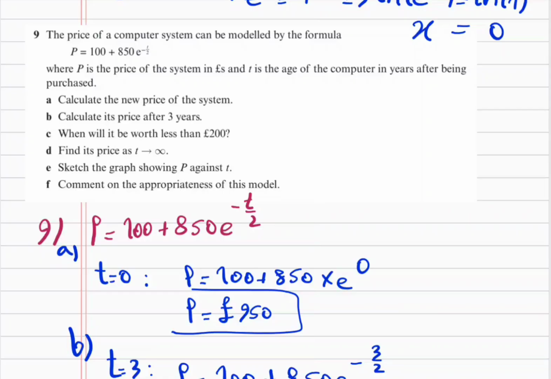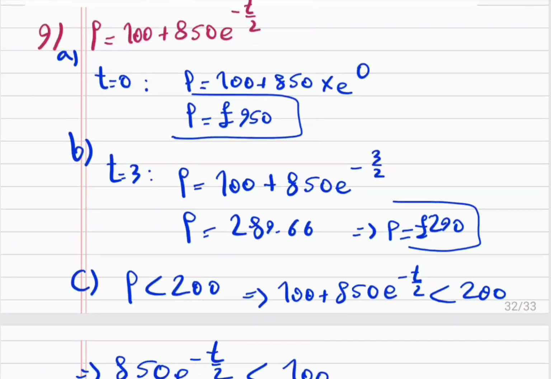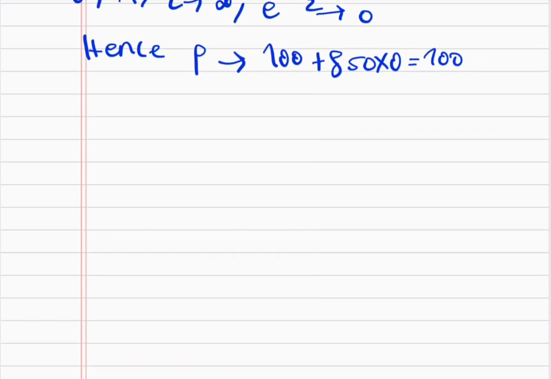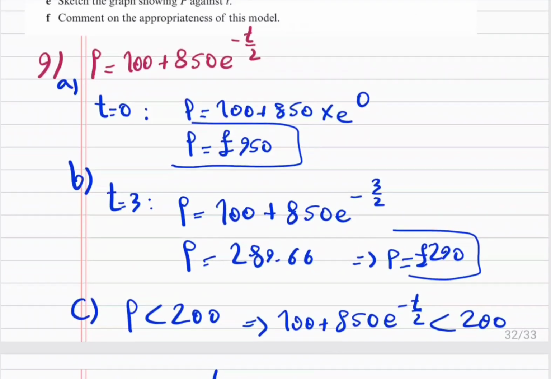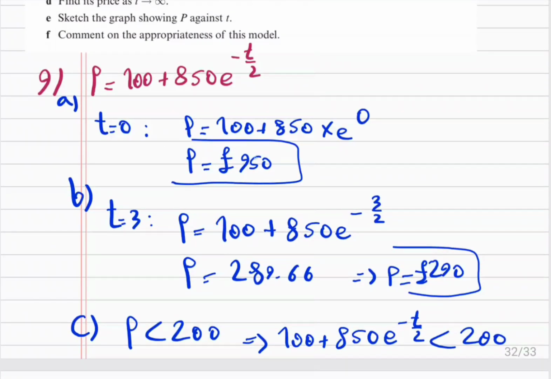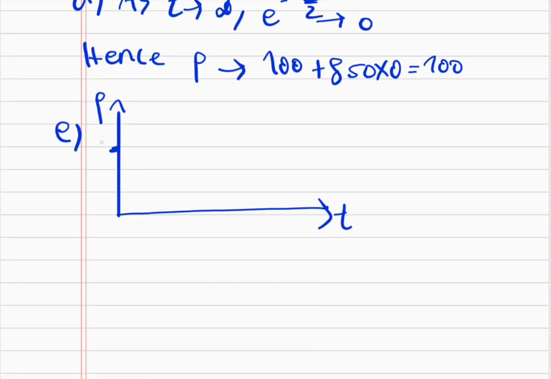And in part E, if we want to sketch the graph of p against t, it's very simple. Okay, so we have t and p here. So remember that the y-intercept is when t is equal to 0, and we already found that in part A, that's 950 pounds.